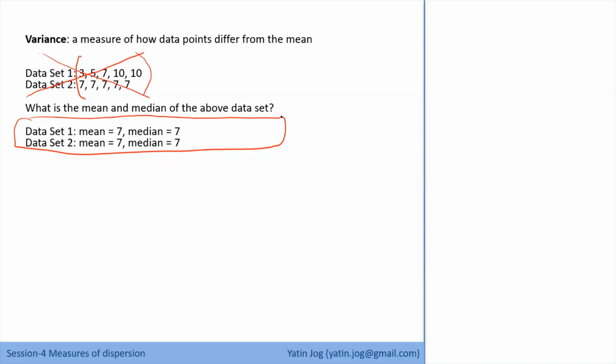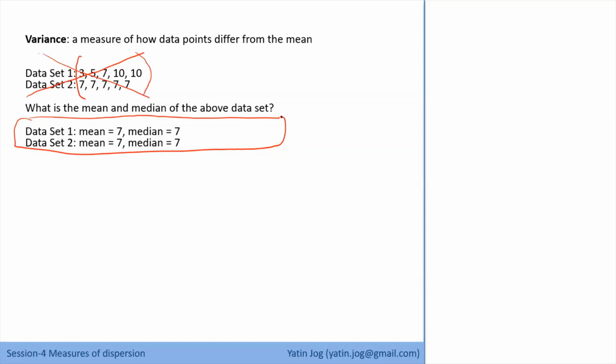How can you visualize the data set? Your thinking will be that both the data sets are similar in behavior. Both the data sets are identical in behavior because both the data sets have the same mean and same median. When I say same mean and mean value is 7, that means in both the data sets, half of the values are above 7 and half of the values are below 7.